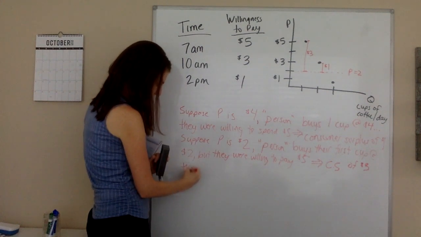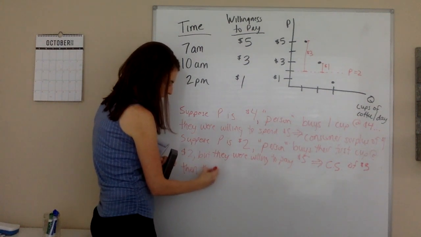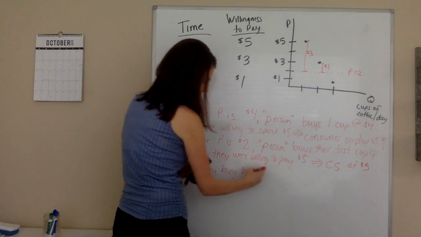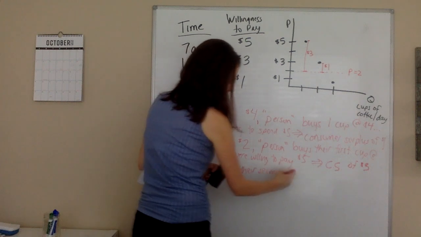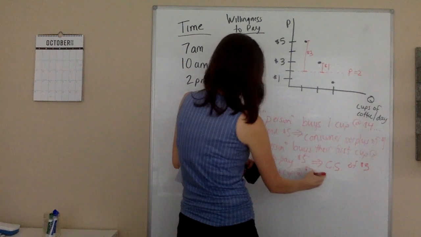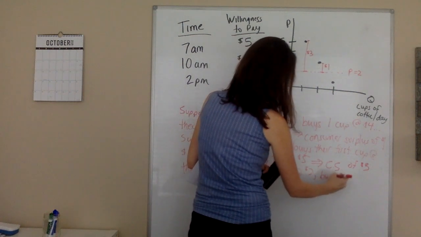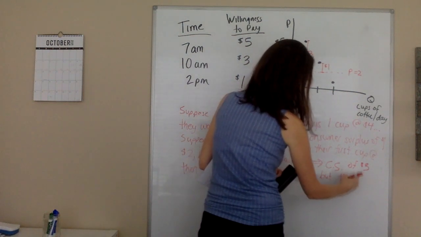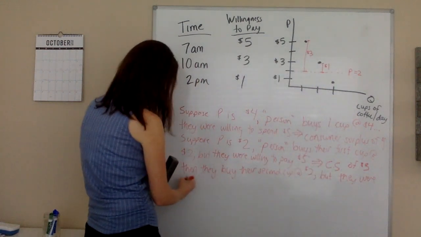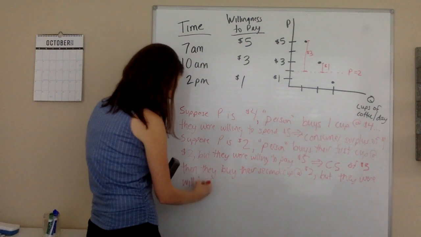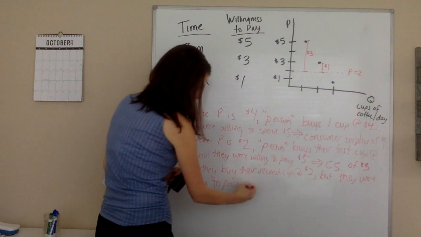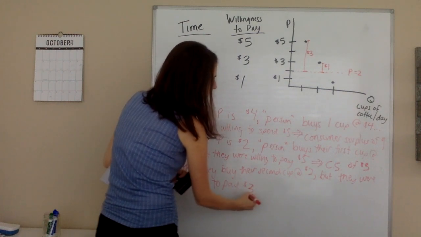Then they buy their second cup at $2, but they are willing to spend $3, or willing to pay $3 at 10 a.m. for the second cup.